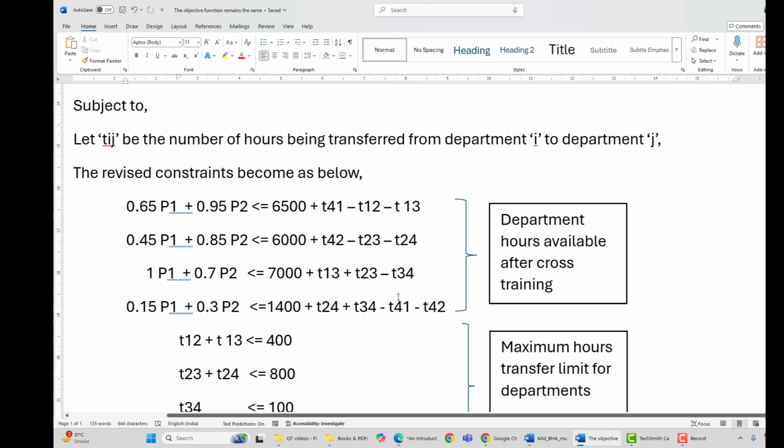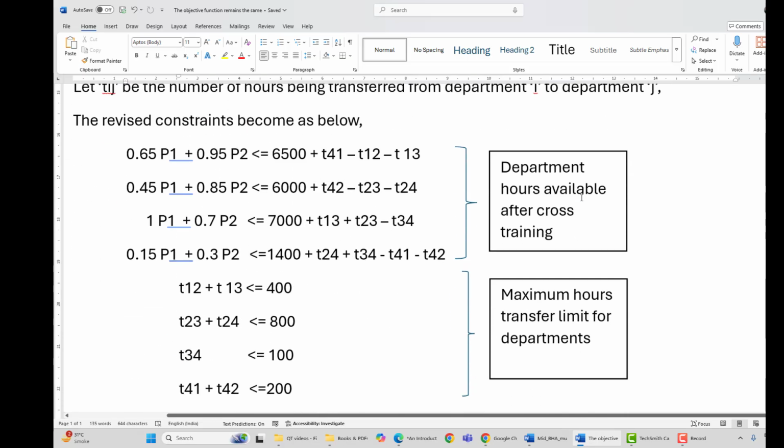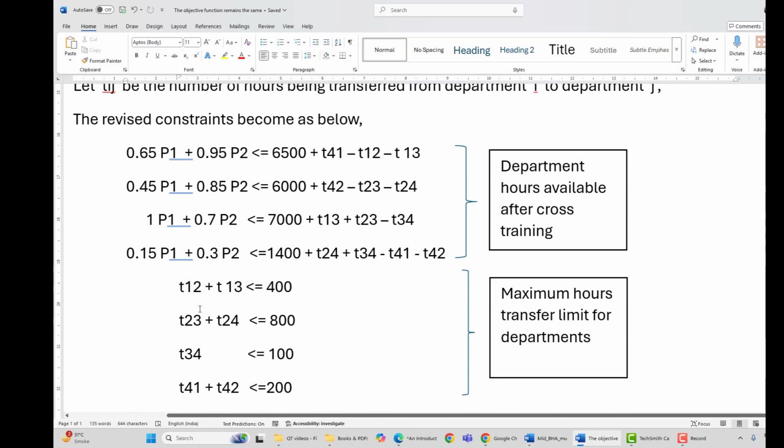Also they have given that the maximum hours transferable from department 1 are 400. So T12 plus T13 should be less than or equal to 400, T23 plus T24 should be less than or equal to 800, and so on. These are the 4 additional constraints for the maximum hours transfer limit from the departments.